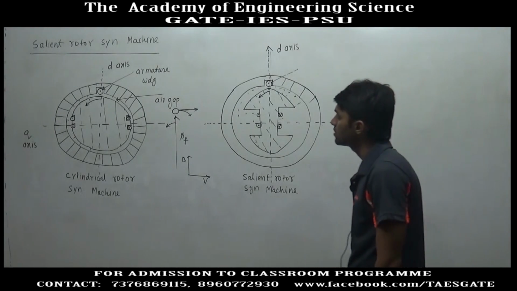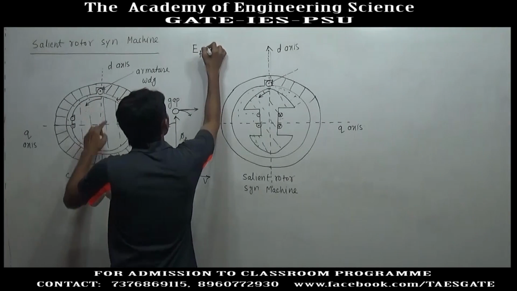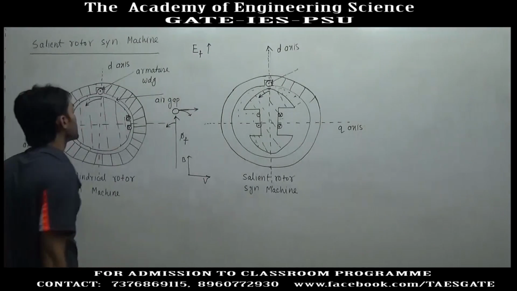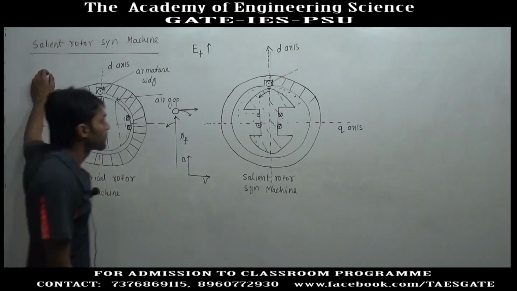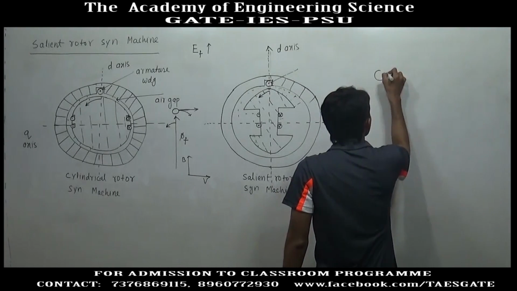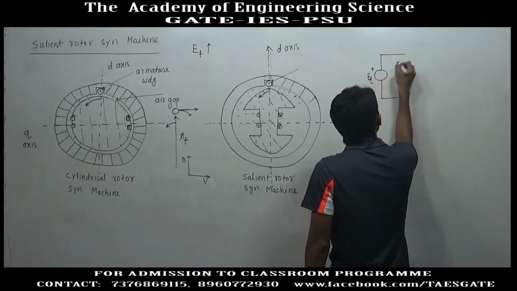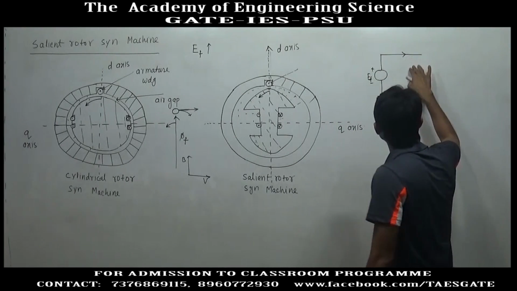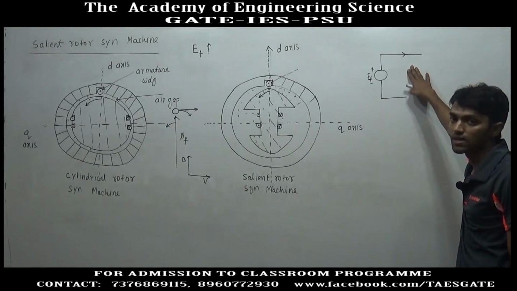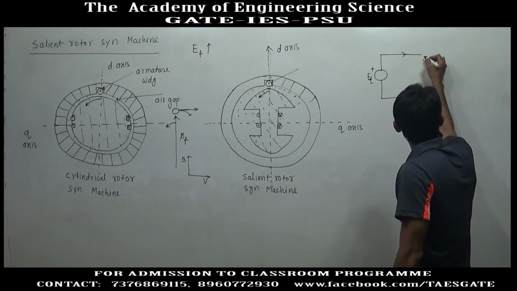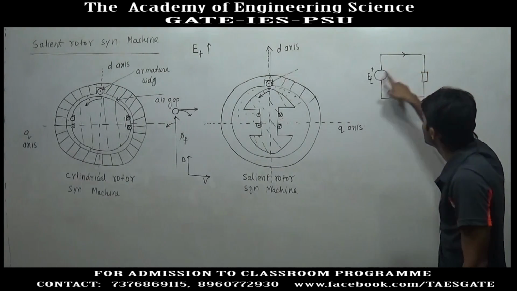Now the EMF in this conductor is maximum, but it doesn't mean that at the same instant the current will also be maximum. The instant at which the current will be maximum depends upon the load. If there is a lagging load, the current will lag the EMF.